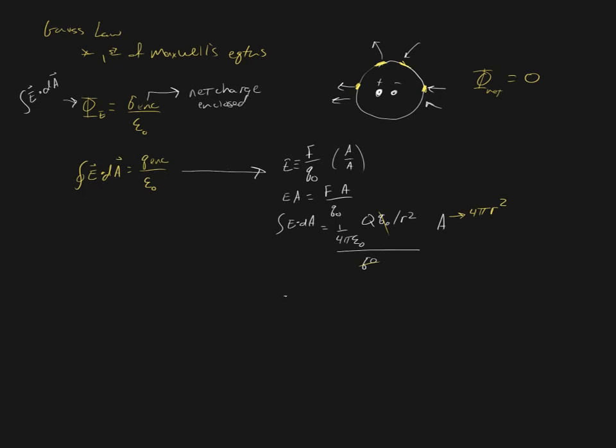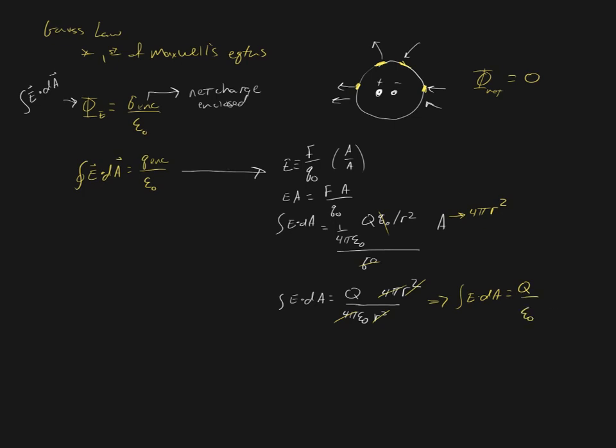So we get the integral of E dot dA is equal to the source charge over 4 pi epsilon naught r squared times the area, which is 4 pi r squared. So we can cancel out 4 pi, we can cancel out r squared, and what we're left with is the integral of E dot dA is equal to Q, the source charge, over epsilon naught.